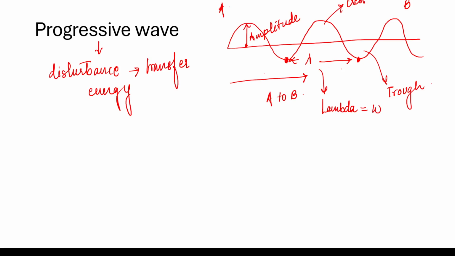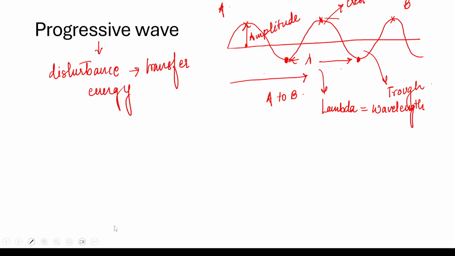So wavelength is the shortest distance between any 2 points which are in similar positions. For example, consider this particle here. Now, exactly similar particle is this one. Even this is similar. So the distance between this point, let me just take another color.